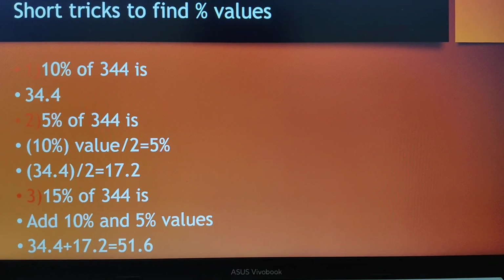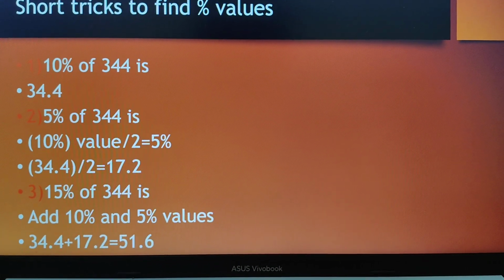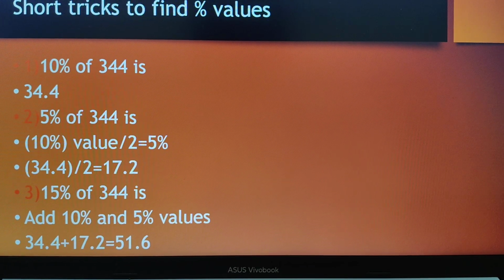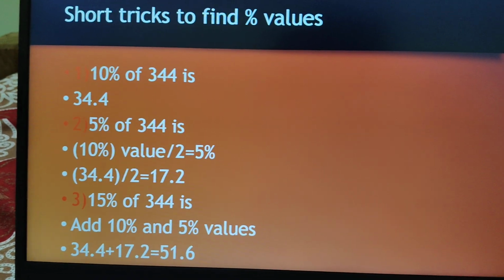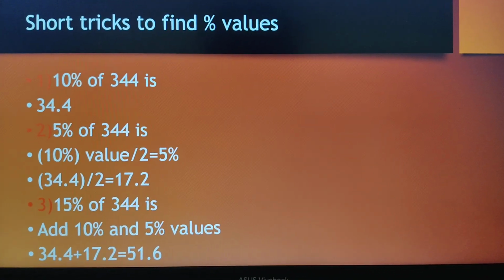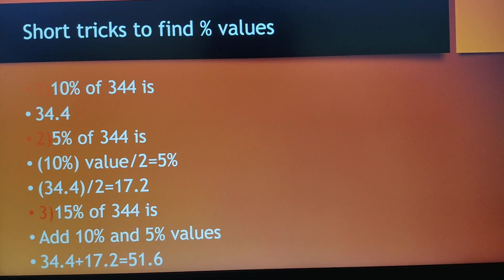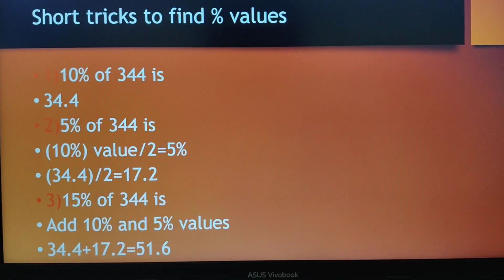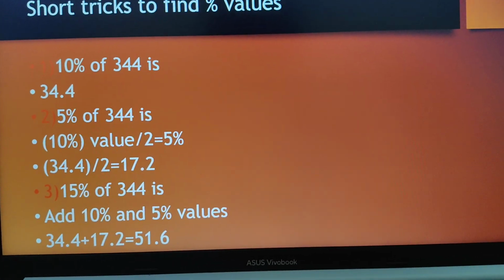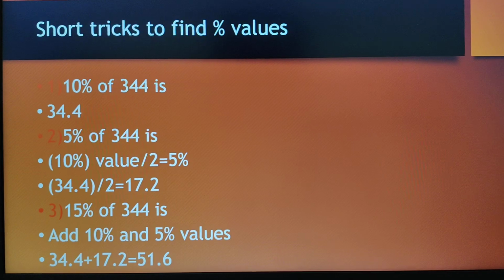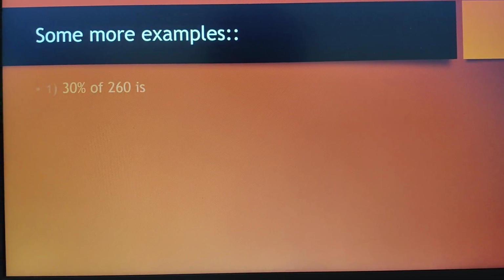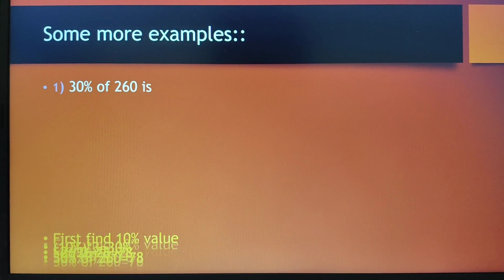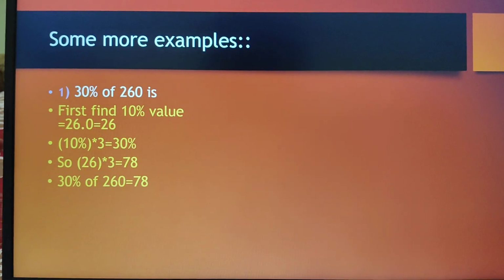So add the 10% and 5% values, you get 15% of 344 is 51.6. So this is one of the short tricks that I have explained right now, about how to find 10% values and how to use this 10% finding in big sums. Let us move on to some more examples so that you could get it into your mind so fast.